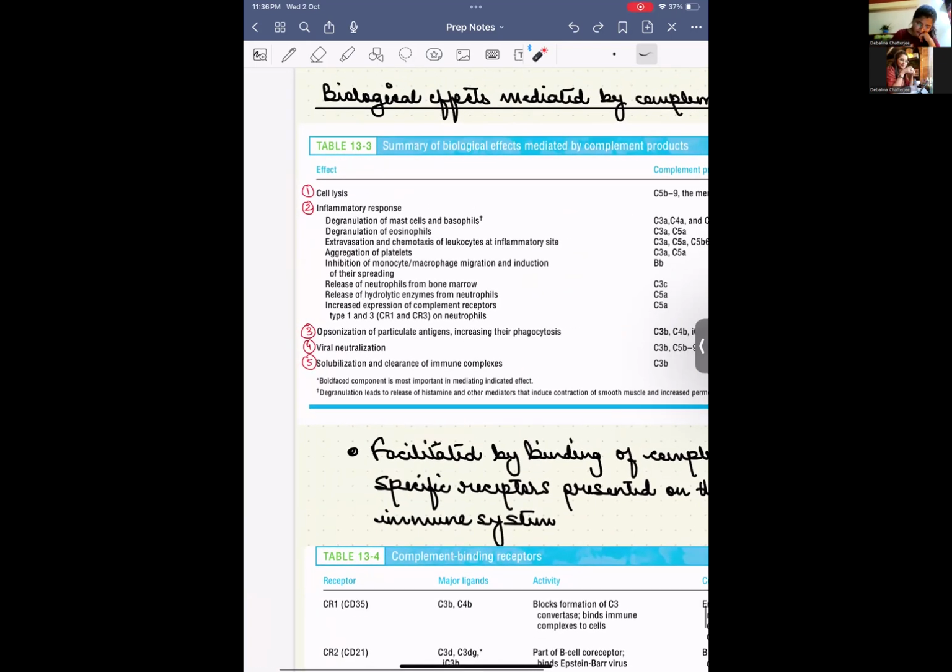The other effector response is a trigger of inflammatory response. There can be opsonization of particulate antigens by increased phagocytic uptake of them. There can be neutralization of viruses, and there is solubilization and clearance of immune complexes, which is an exclusive function of complement proteins and a very important part of your overall immune response, right?